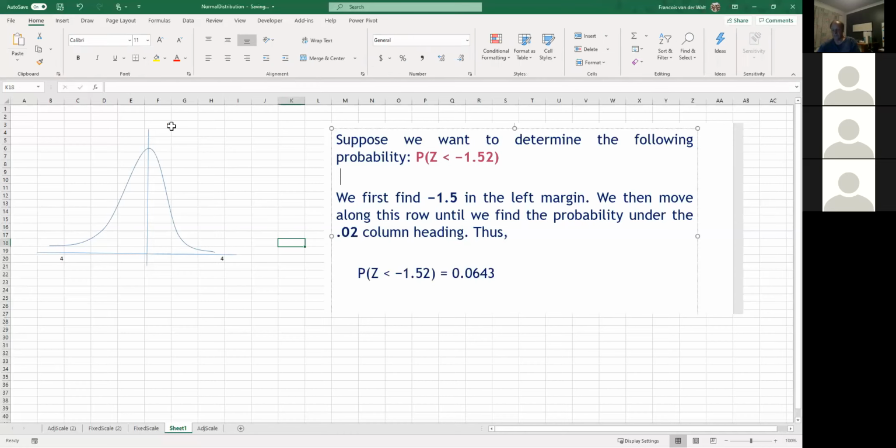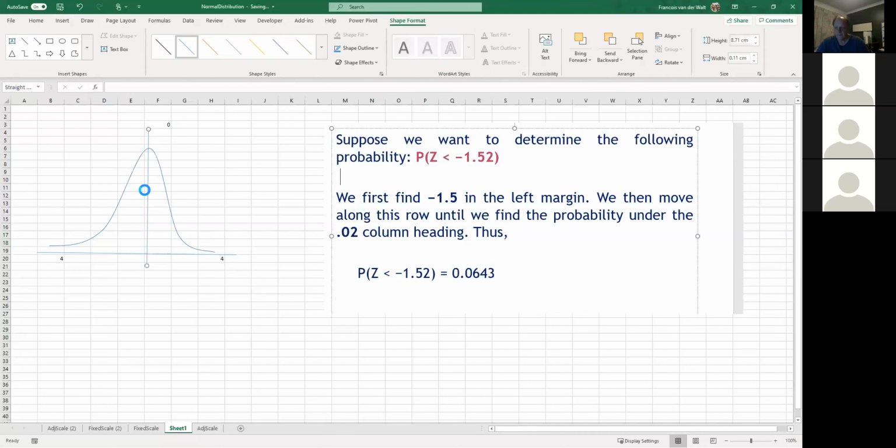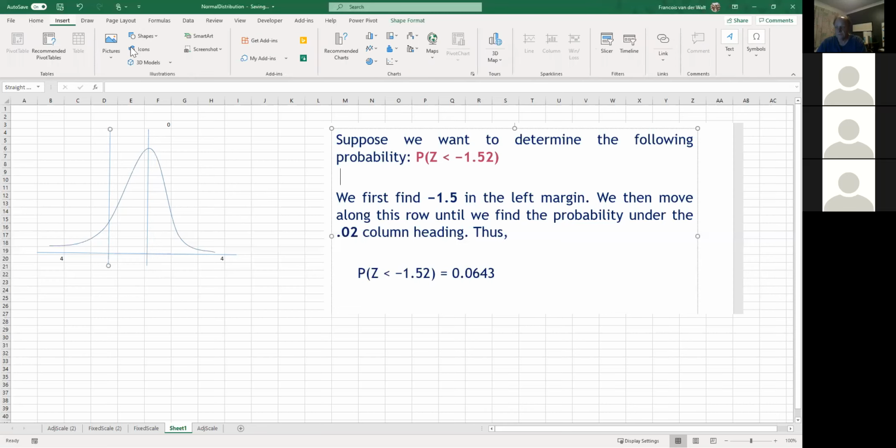Does this make sense? Okay, so what is the probability that Z is less than minus 1.52? I'm just going to draw a line there. Minus 1.52 is roughly there, isn't it? The bottom line is I'm interested in this area here.